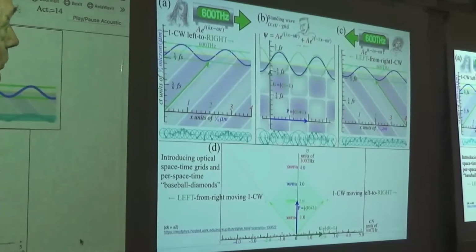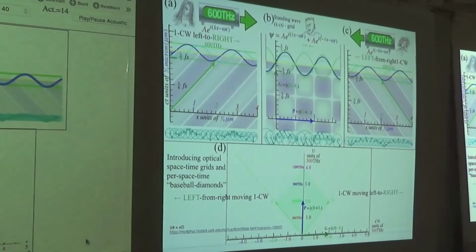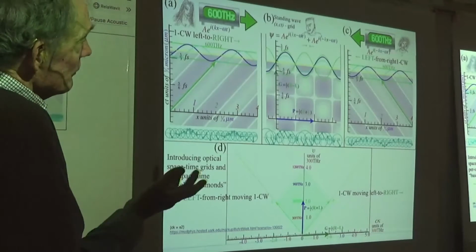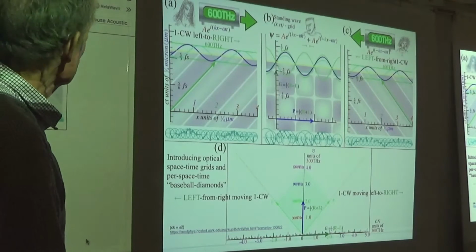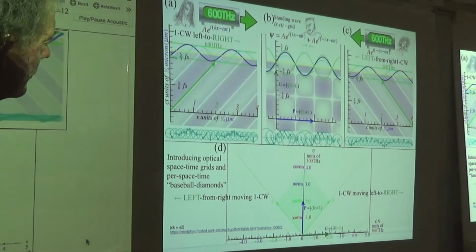And the basic idea is we're adding 2 phasors. We're adding 2 e to the I something. E to the I some phase, and then e to the I a phase with a sign changed on the K. That's the only thing that's really going on in this. Let's see if I can say anything more.